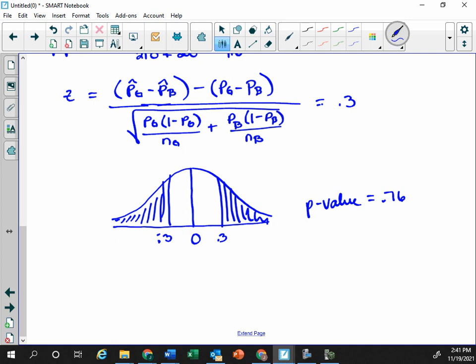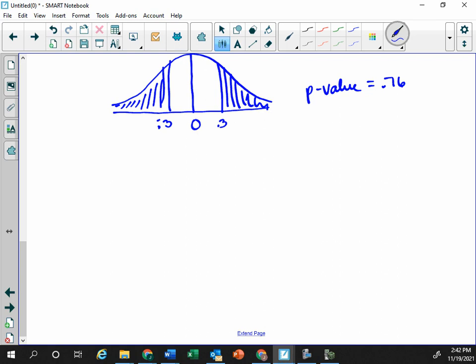So what are we going to write in our conclusion on this? Yeah, that is a large p-value, definitely greater than 0.05, right?